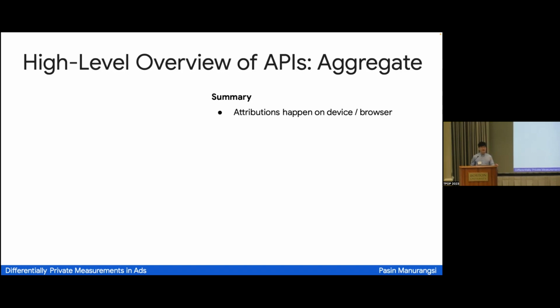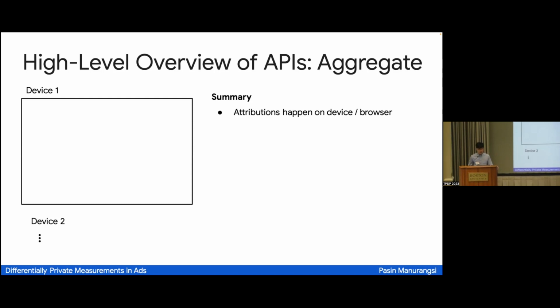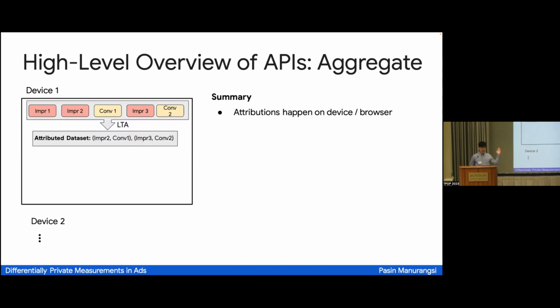And this is basically what all these proposals are trying to do. Let's say you are a user and you have a device and you see a bunch of impressions and conversions. Then your device or your browser can record this, and the attribution itself can be done on device directly. So you don't have to send any request to the advertiser to do this part.